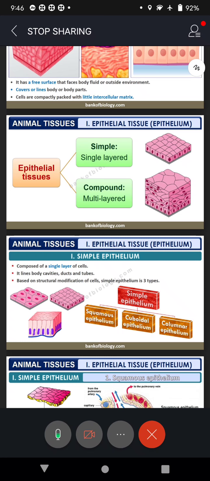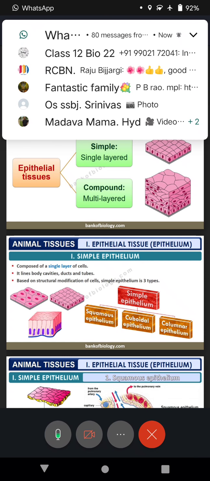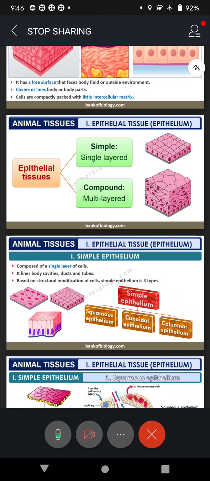Simple epithelial tissue, compound epithelial tissue. So what is the basis for this? In simple epithelial tissue, it is only one layer, single layered structure. Whereas in compound, it is multi-layered. Okay, many layers of epithelial tissue will be there.